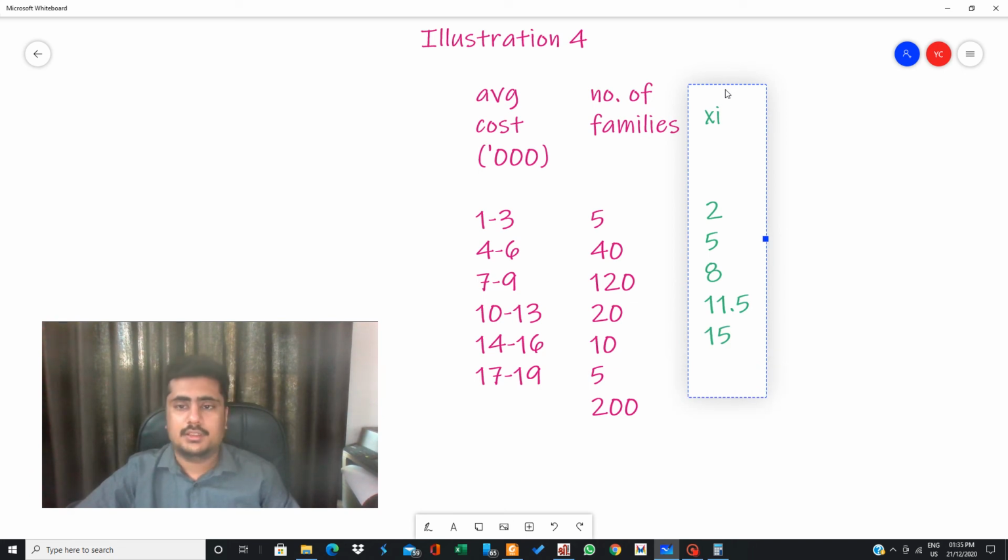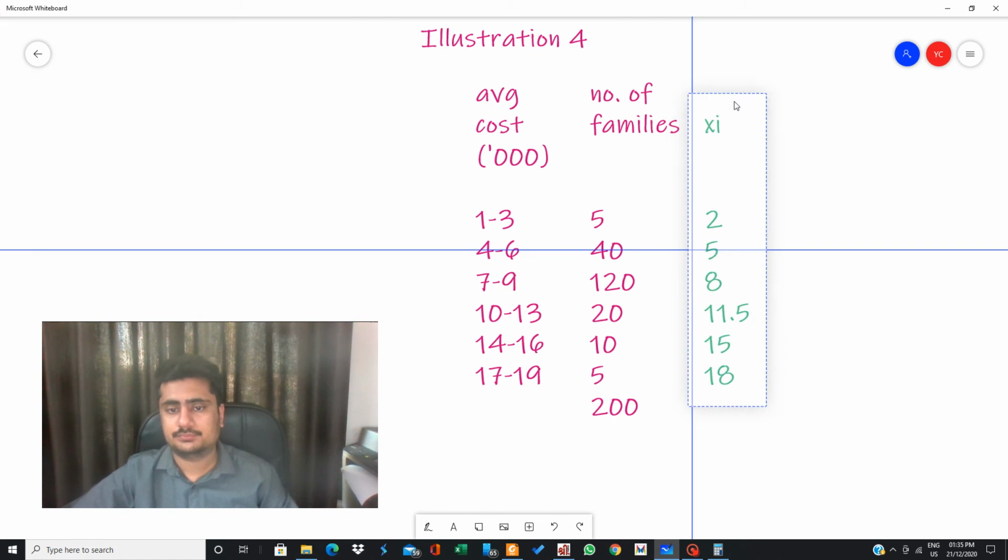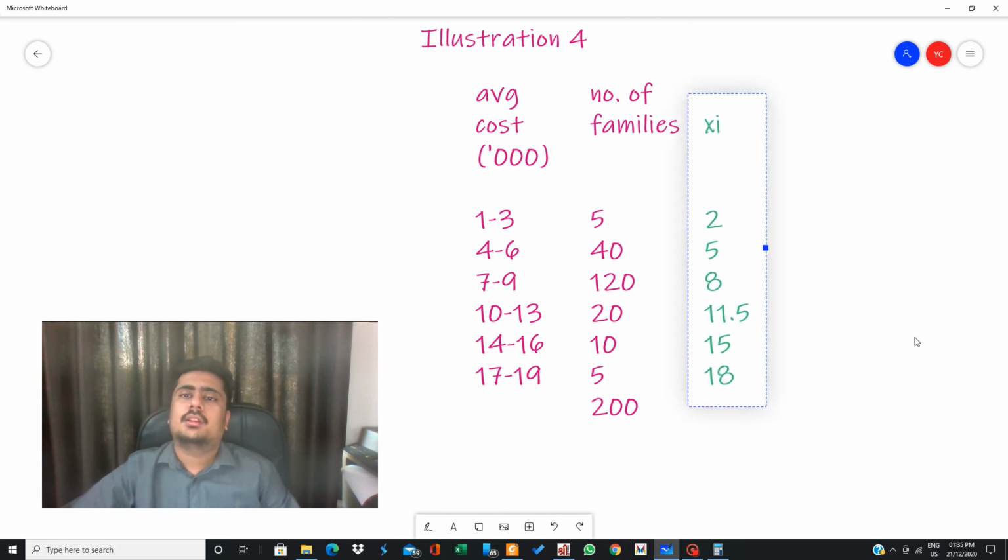Then 17 to 19 is 18. Okay. So this is my x.